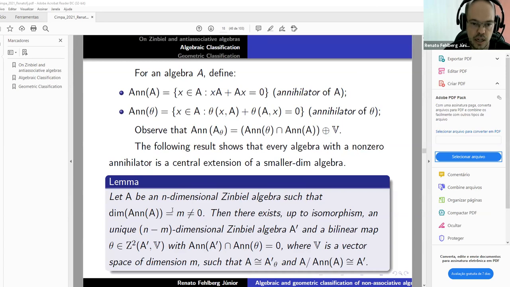So this is the reason that usually in these papers of classification of algebras, nilpotent algebras are considered. But here, in our case, Zinbiel algebras, and also in the case of antiassociative algebras, they are nilpotent. So we have this result, okay?